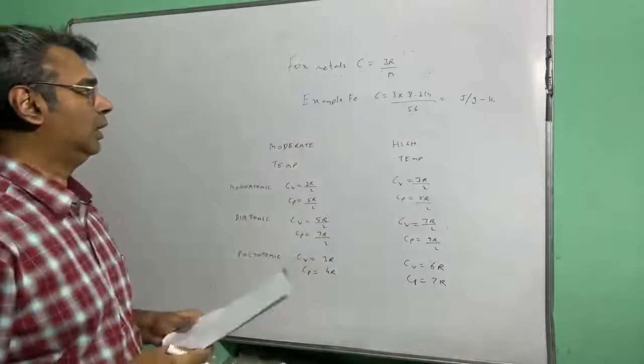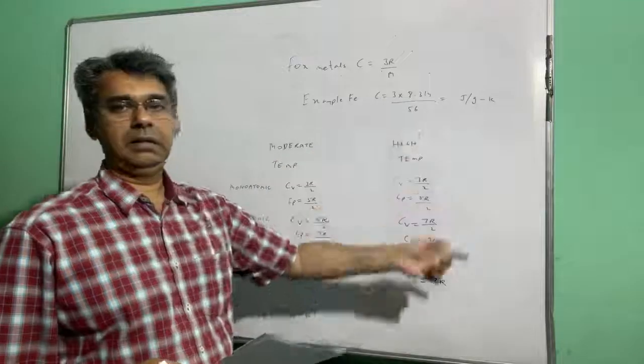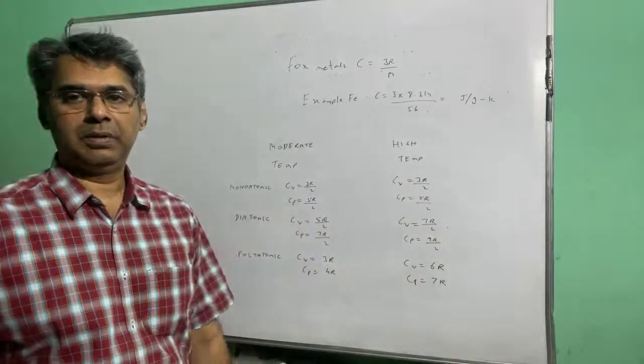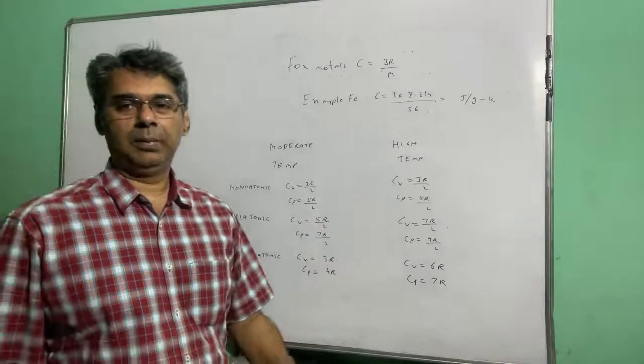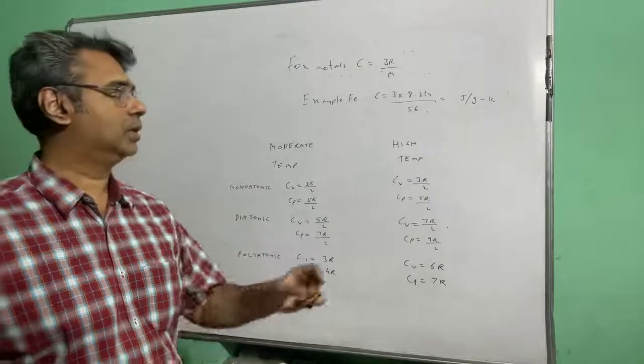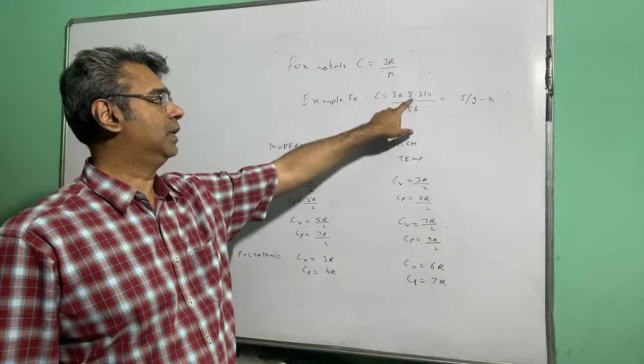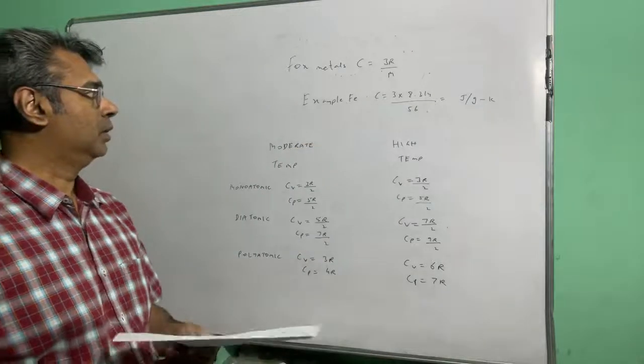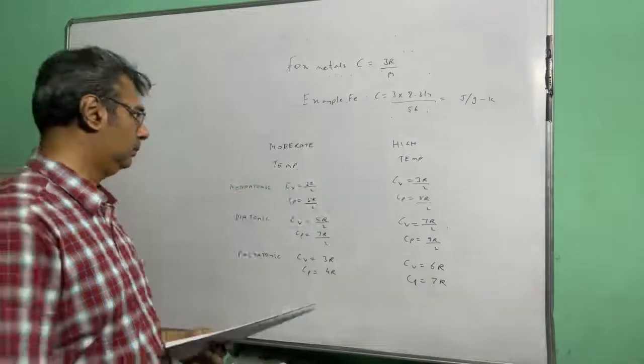If you want, you can take the value of R in calories also. Then 8.314 will be replaced with 1.987. See, 1.987 is very close to 2, so sometimes we take 2. So this is for iron.